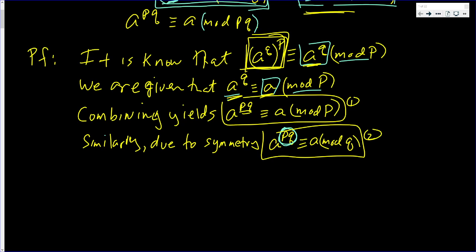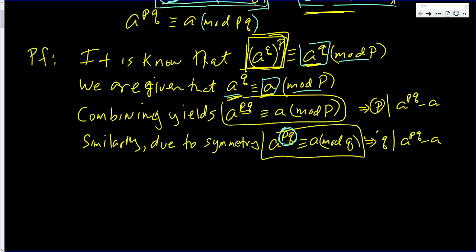So what can we say about statement 1? Let's put it up here. This says that p divides a to the pq minus a. That's what that statement means. This one says that q divides a to the pq minus a.